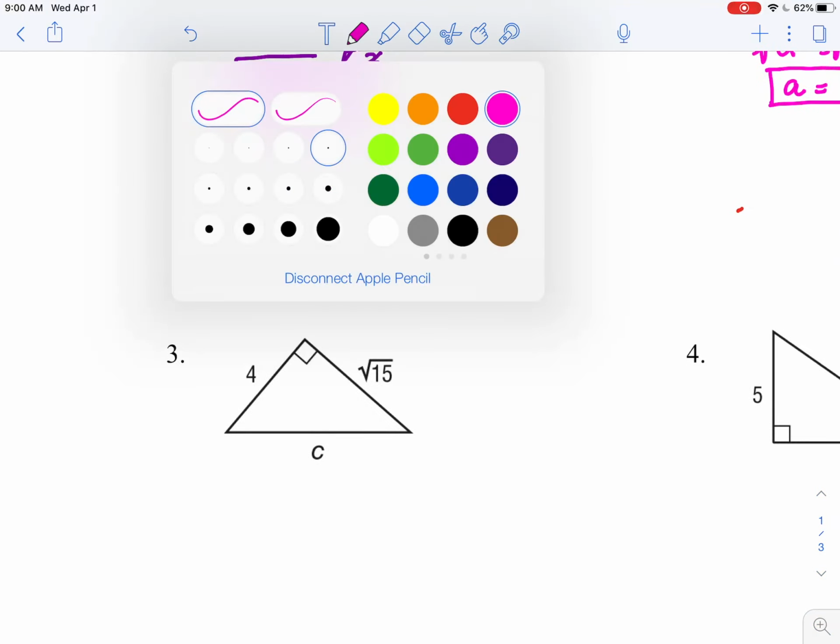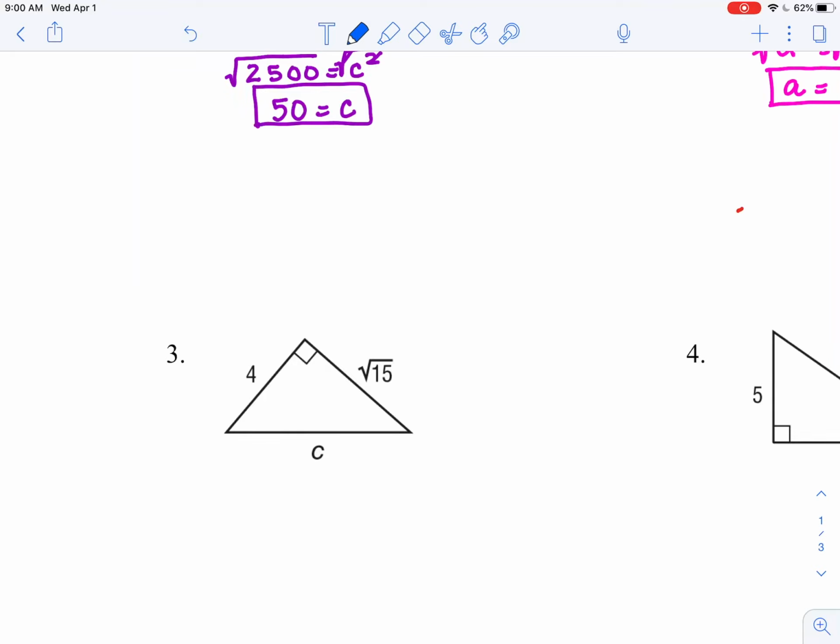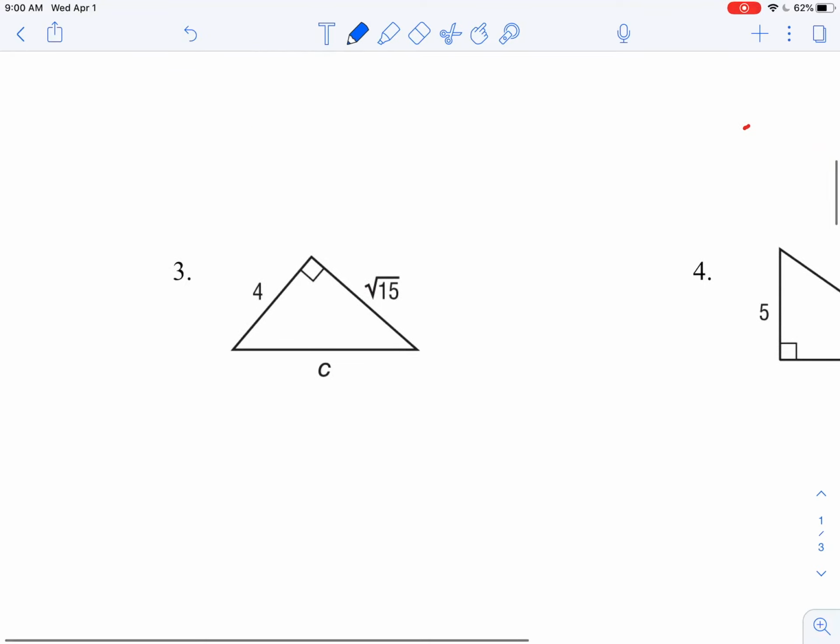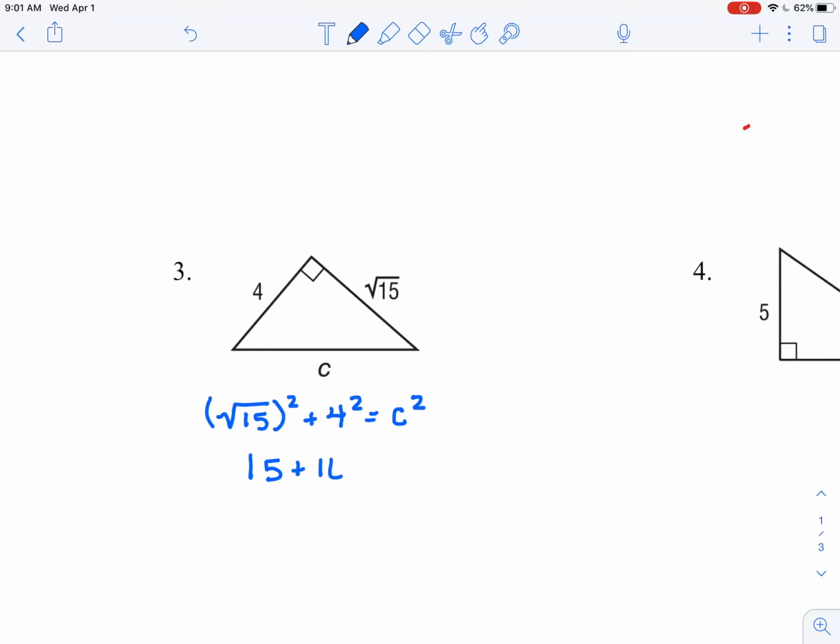In question number 3, we're back to looking for the hypotenuse of this right triangle. Remember, it doesn't matter which leg is A and which is B. So let's do 15 squared plus the other leg 4 squared equals our hypotenuse, c squared. 15 squared is 225. 4 squared is 16.